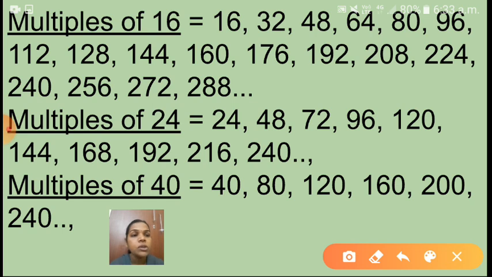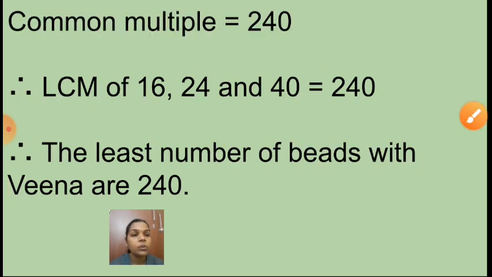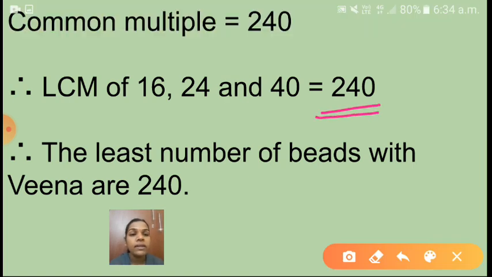See here, children, 240 is here, 240 is here, and 240 is here also. So the common multiple is 240. So the LCM of 16, 24 and 40 is 240. So the least number of beads with Veena is 240. Understood? This is your answer. I hope you understood this one. Shall I go to the next one, children?